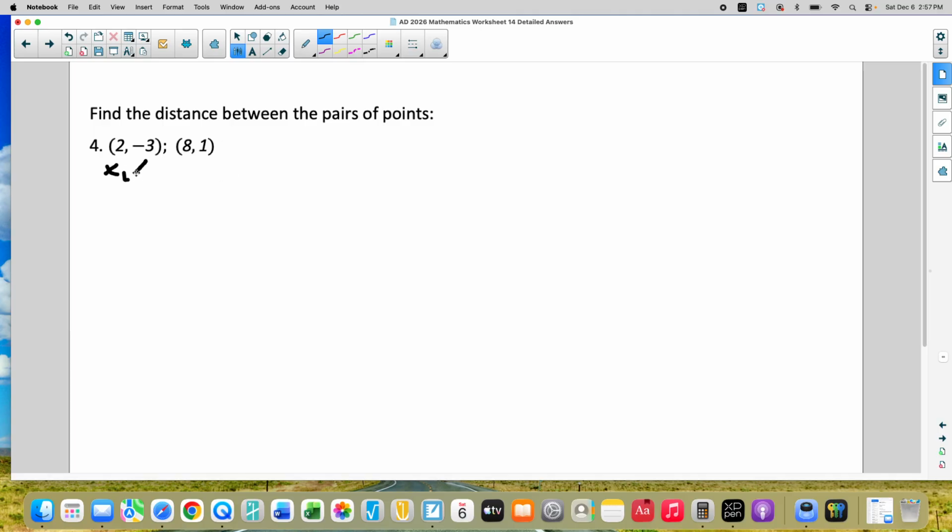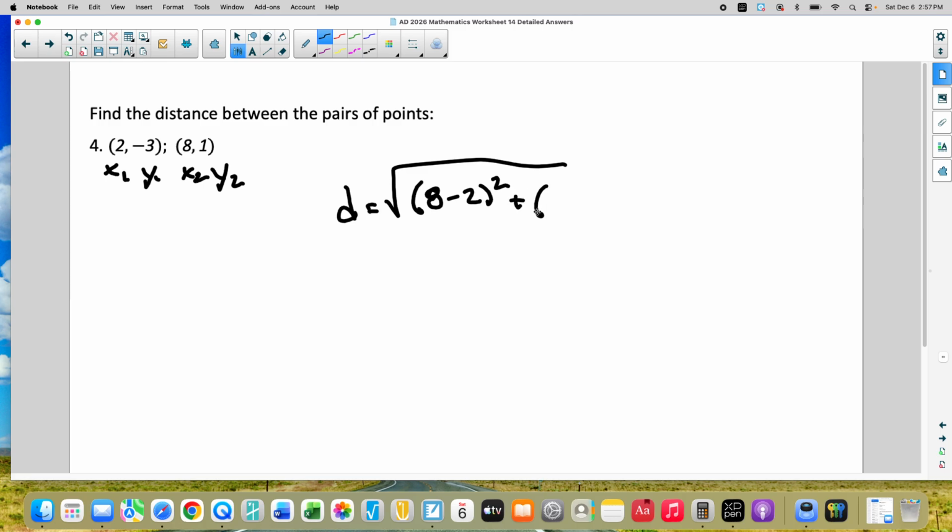This is where we go x sub 1, y sub 1, x sub 2, y sub 2. So a couple more things to keep track of. So you have 8 minus 2 quantity squared plus 1 minus -3 quantity squared.